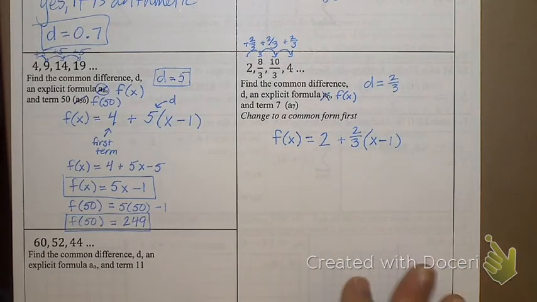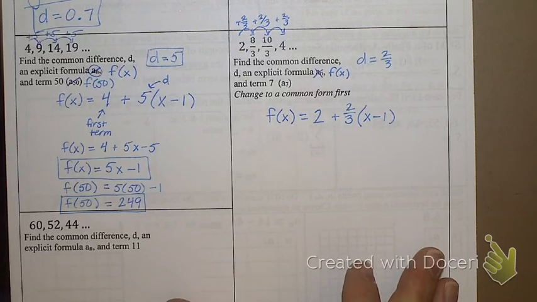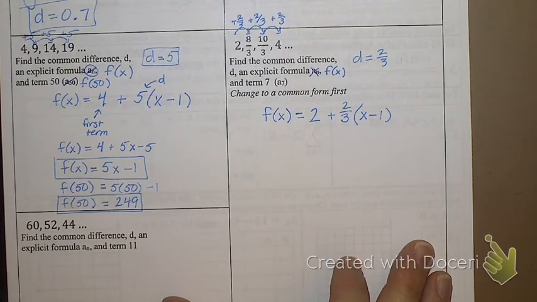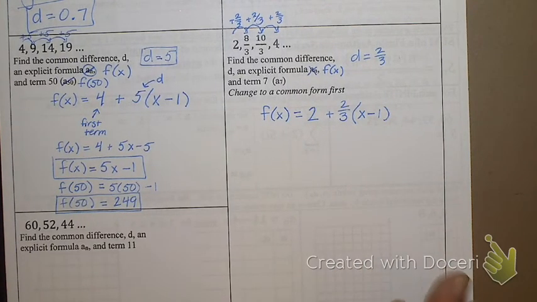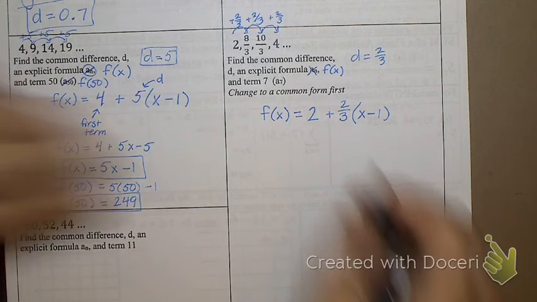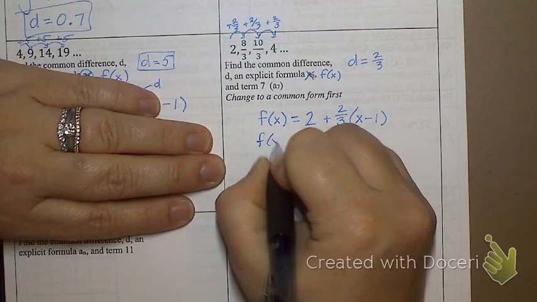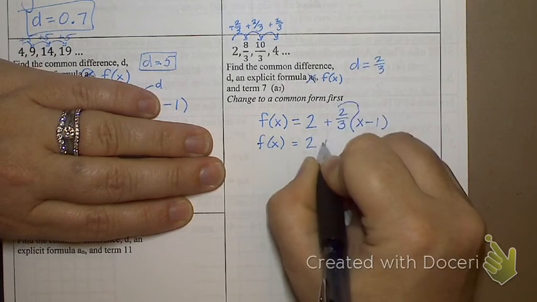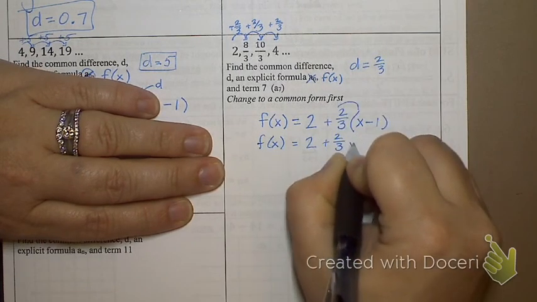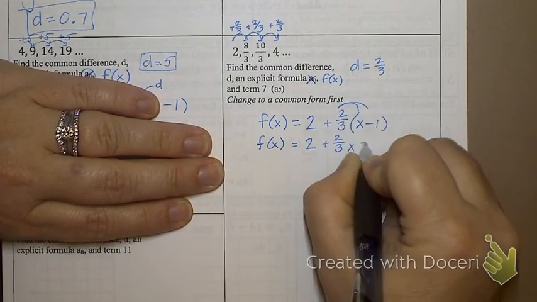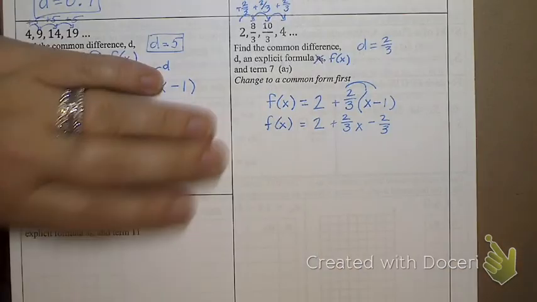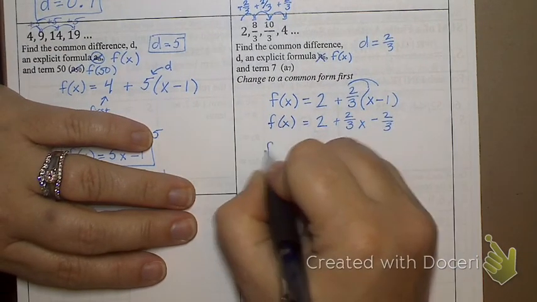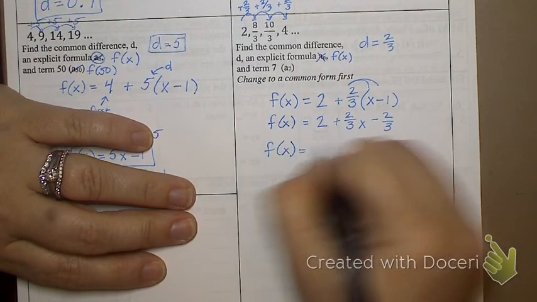Do I box it and call it a day? No, I need to do distributive property and get it all simplified. So it's in that mx plus b form, right? So f of x is equal to 2 plus 2/3 x minus 2/3.